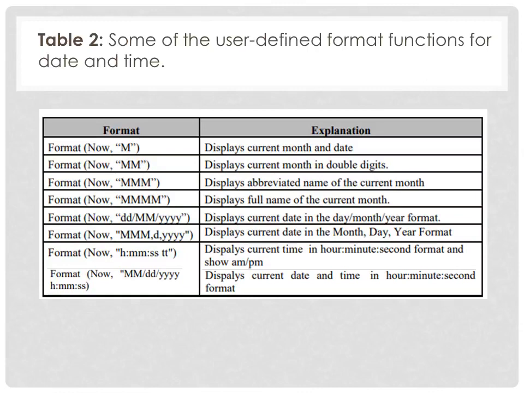For the current month and date, all you have to do is now and then the M. For the double digits, just have double M. For you to be able to display the abbreviated name of the current month, triple M. But if you want to display the full name of the current month, have 4 M's.